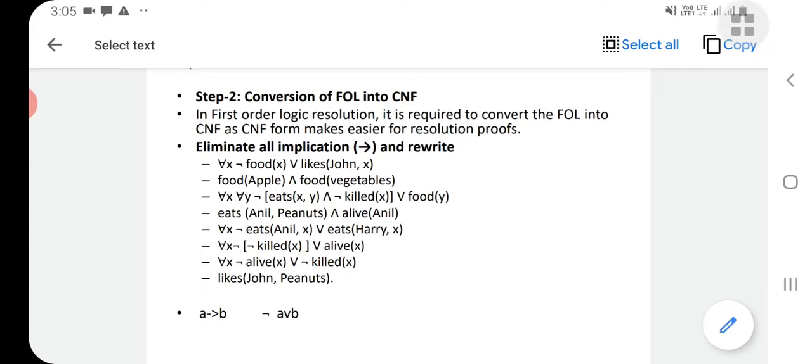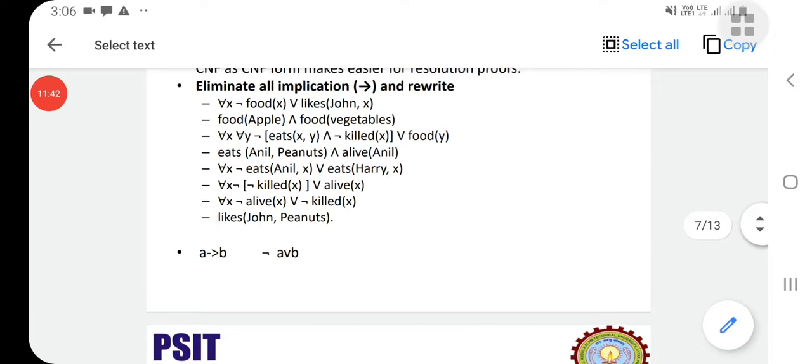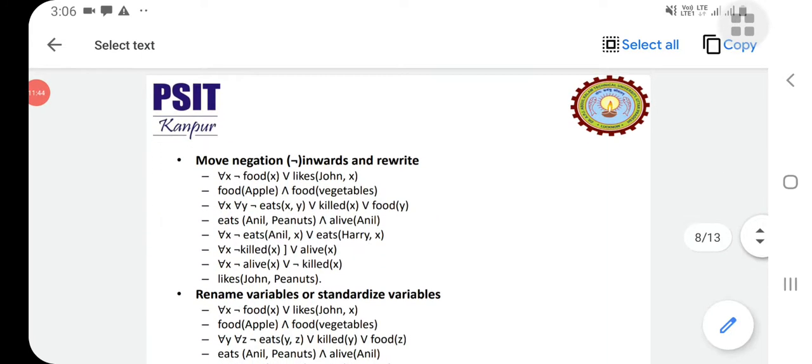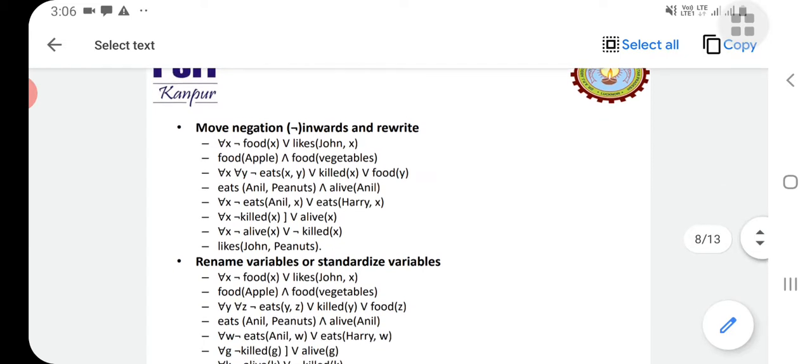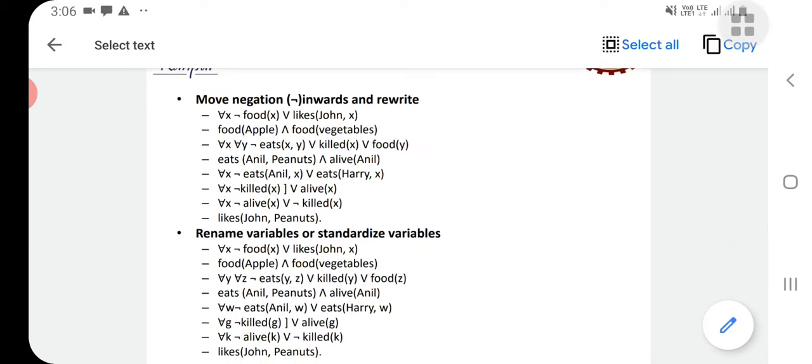That's it, not to worry. After that, the next step is to move negation inward and rewrite your sentence.